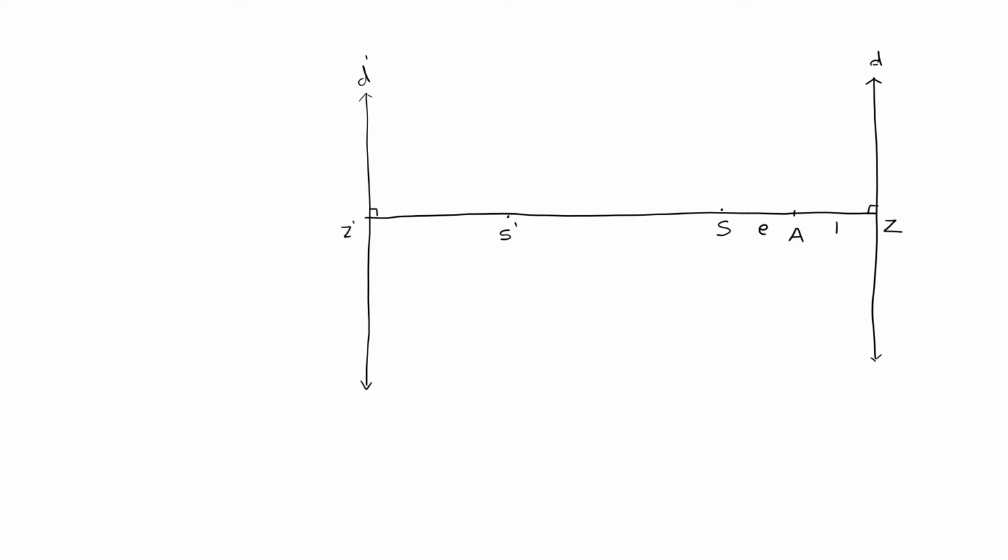Similarly, I'll mark A dash. So see here, A is dividing SZ internally in the ratio E is to 1, and A dash is dividing SZ externally in the ratio E is to 1.